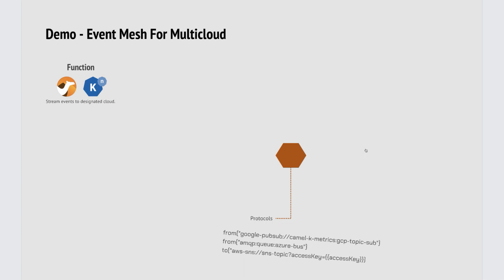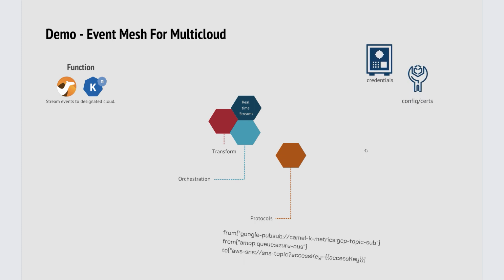And then we also want to be able to do real-time streaming, being able to access those events, populating the events, and orchestrating the events, of course, and then transforming the data in the events as well. They are similar to what I've just said in the microservices, so I'm not going to repeat it again. But also the credentials, configurations, and certificates, the things that you need, can also be separated as a different deployment, and your functions can connect to it later.